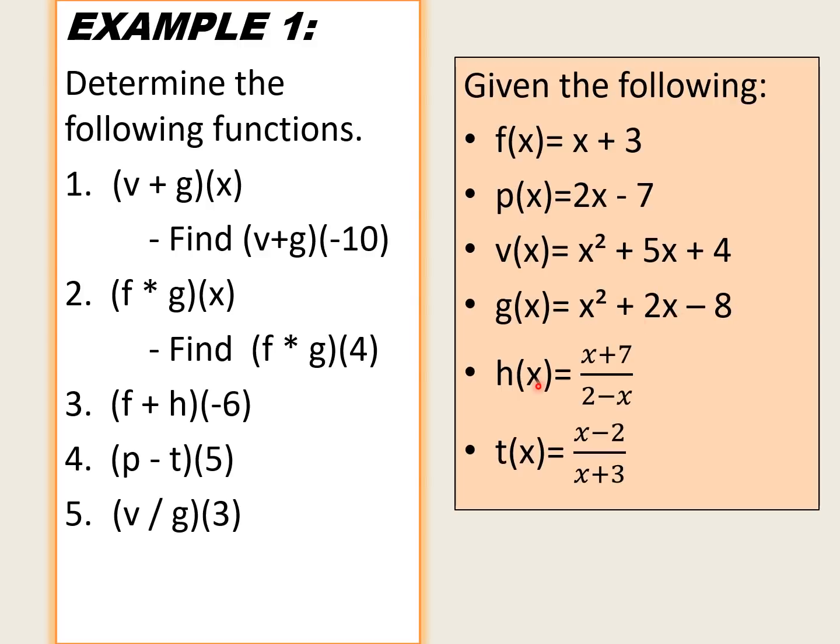And the value of both h and t functions, we have ratios. Okay? So, for h of x, we have x plus 7 over 2 minus x. Then, for x minus 2 over x plus 3, that is for t of x. Okay? So, gagamitin natin itong set of values of functions natin for us to be able to answer this 5 examples. Okay?